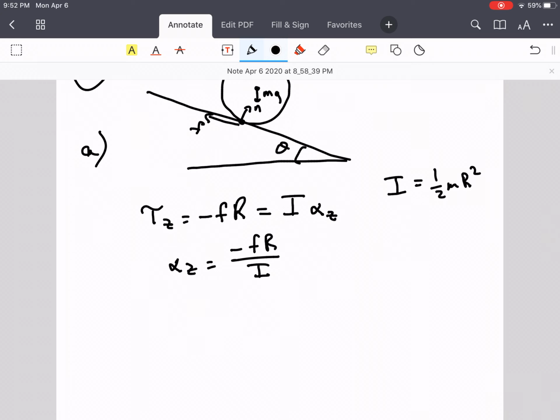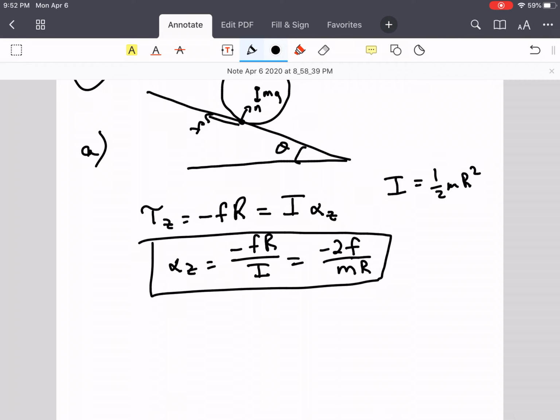You'll notice I like to use this a lot, but it's not really that special. It's just one I used. And so if I like, I could also rewrite this as negative 2F divided by mr, where F is the friction force. So there you go. That's my angular acceleration alpha. Notice it looks pretty similar to the previous problem. Now the force of friction is the only thing doing torque, but otherwise it's the same.